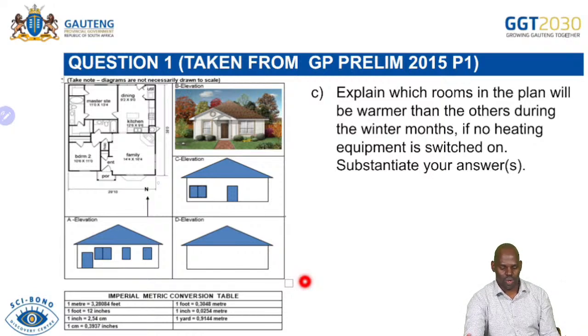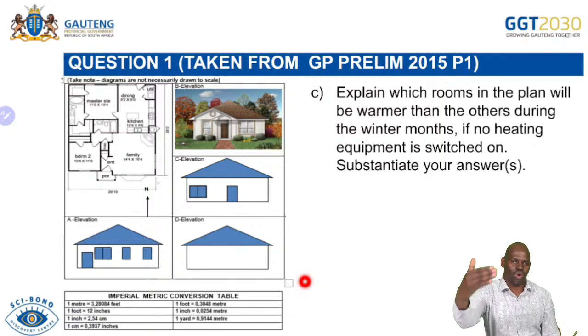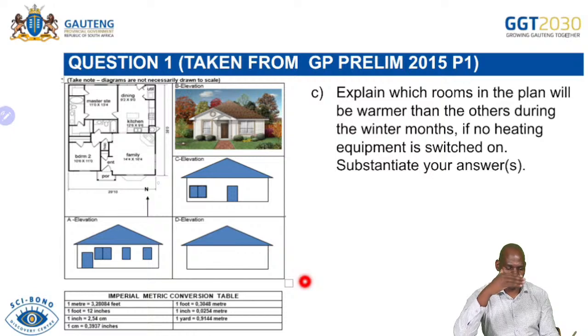Now we know that during winter, because we've got a shorter day, the sun is moving closer to the north, much more towards the north than the south.